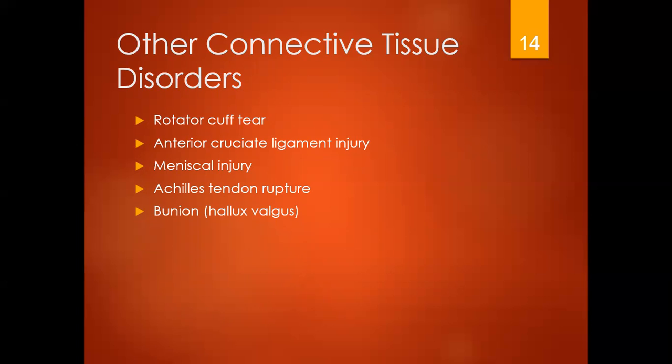ACL is another one, anterior cruciate ligament injury. So falls, athletic activities, and motor vehicle accidents can cause these. We do see these a lot with athletic activities in our sports players: volleyball, basketball, soccer, right? It's caused from a hyperextension, internal rotation, maybe even an external rotation of an extreme degree, or some other combination, right?